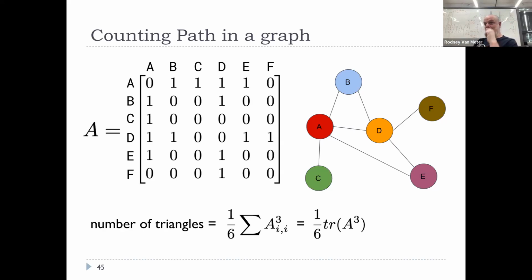Right. So we take the trace of the matrix for A cubed, the cube of the adjacency matrix, and divide by 6, and you'll get the number of triangles in the overall system. Fascinating, right?